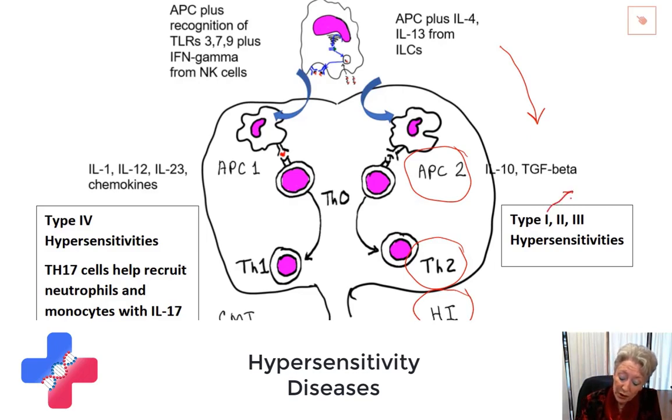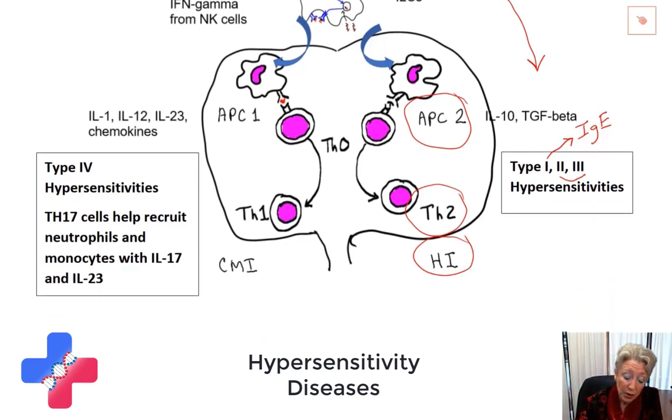Type 1 is done by IgE. 2 and 3 are IgM or IgG antibodies, most commonly IgG. And type 4 hypersensitivity is the only one that involves the APC1 signaling to the T helper 1 and causing the activation of the effectors of cell-mediated immunity.